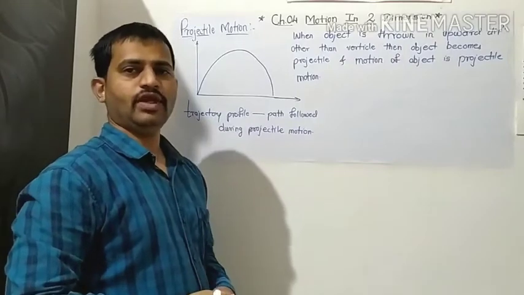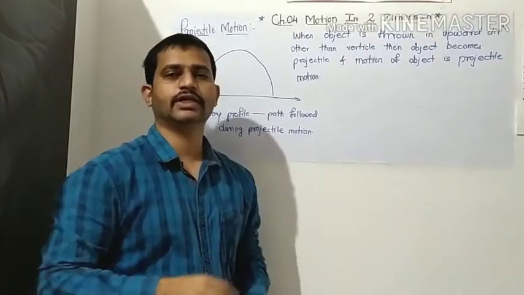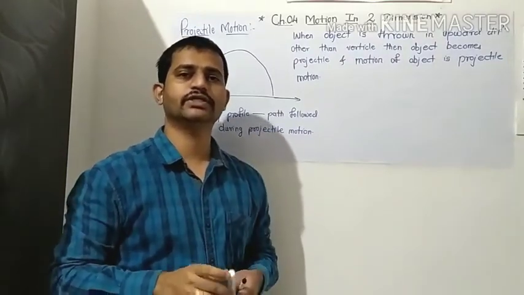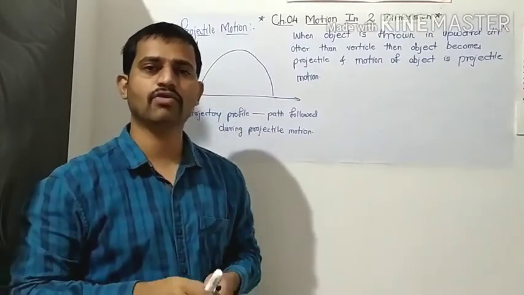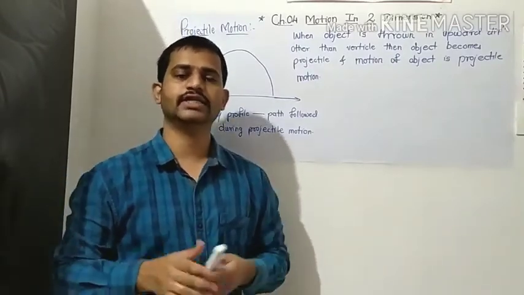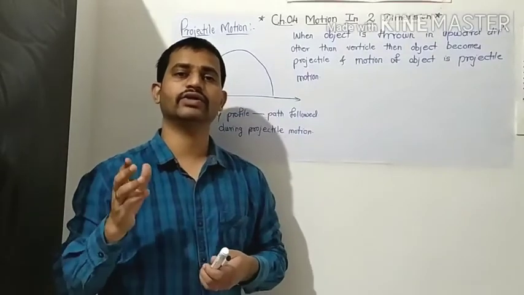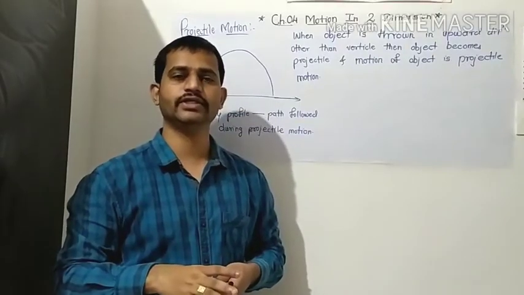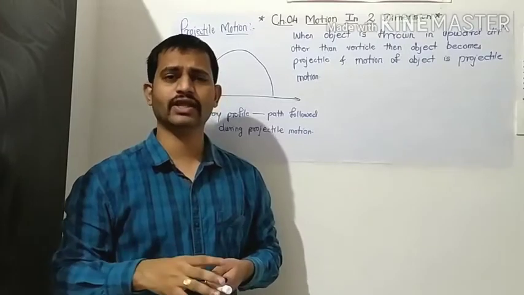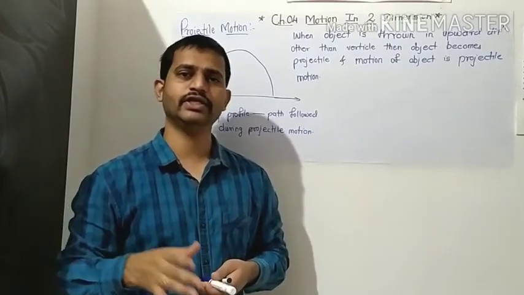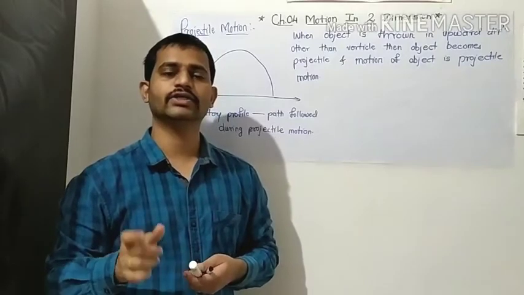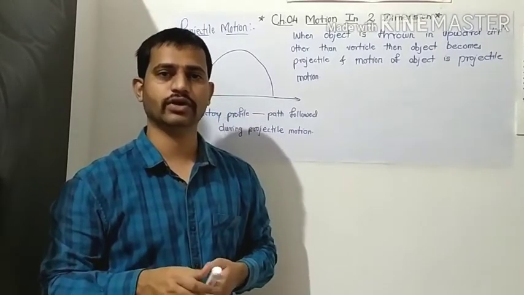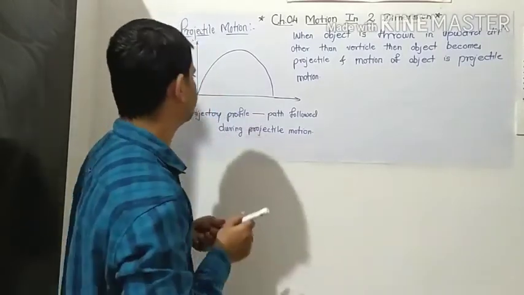If we throw an object with some initial velocity u and want to find its components in the x direction and the y direction, then we have to resolve that velocity into its components. For that we must know the angle theta.